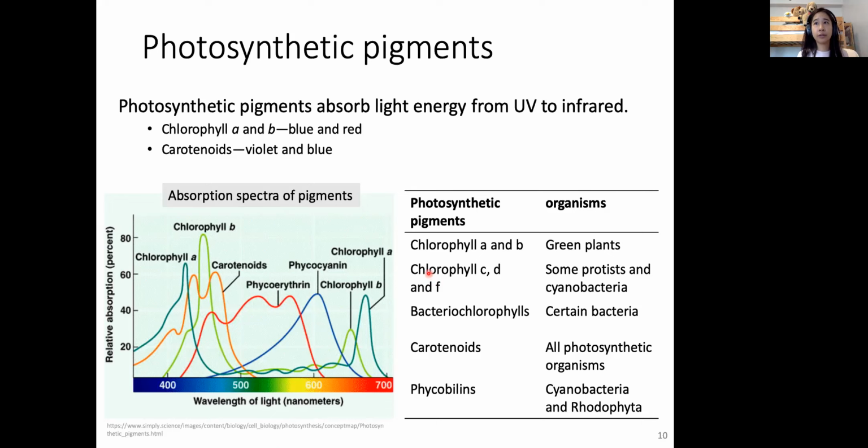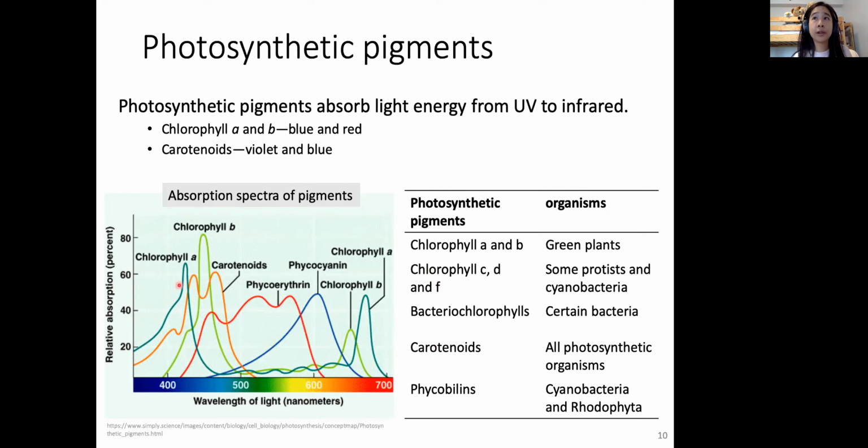There are many different forms of photosynthetic pigments, as I'm showing you here. There is chlorophyll, and there is bacterial chlorophyll, which is similar to normal chlorophyll. You have carotenoid and phycobilin, and different ones are in different organisms, and each of them can absorb light at different wavelengths, like in this spectrum.